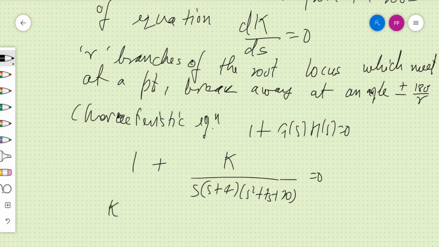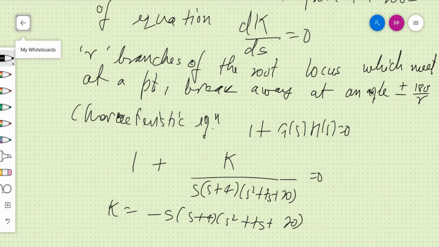From there you have to find out what is k. So k equals minus s into s plus 4 into s square plus 4s plus 20. We are making it simple by clearing the brackets.